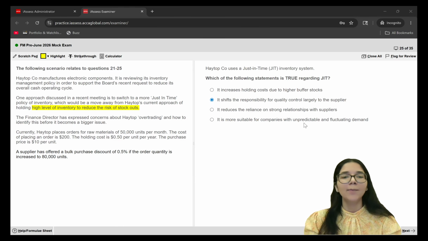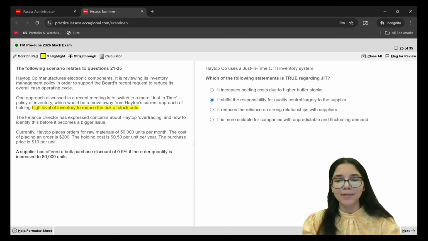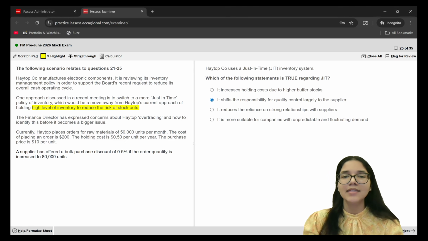So you are also not ready to supply with unpredictable orders as and when they are coming in. So this is actually more useful for those companies where the demand is more predictable and relatively stable. So this is where JIT system will be most applicable, and hence we have to select the second statement as our final answer.